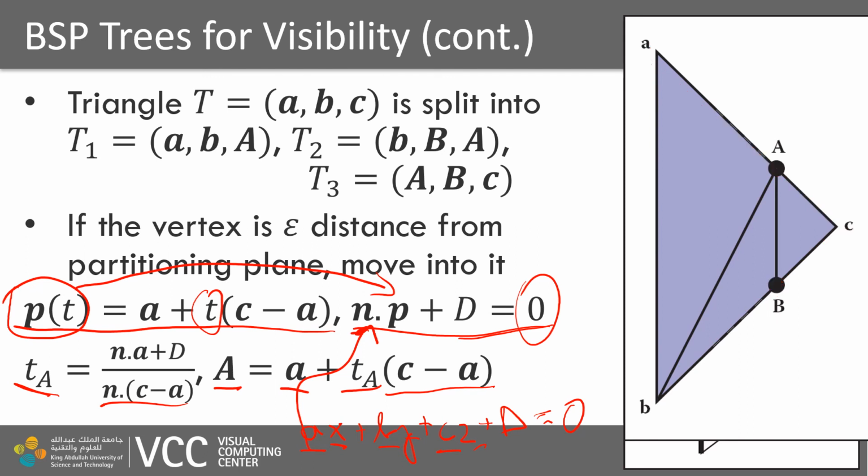This is the desired subdivision, so that these both triangles will be in one subspace, and the triangle capital A, capital B, C will be in another subspace with respect to this partitioning plane.